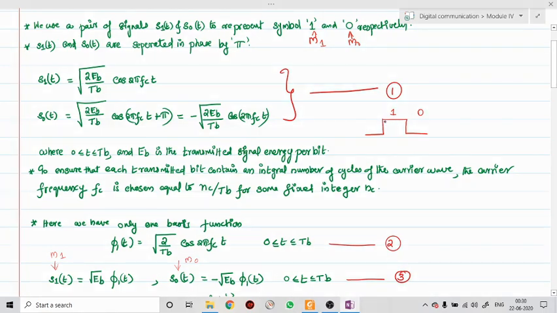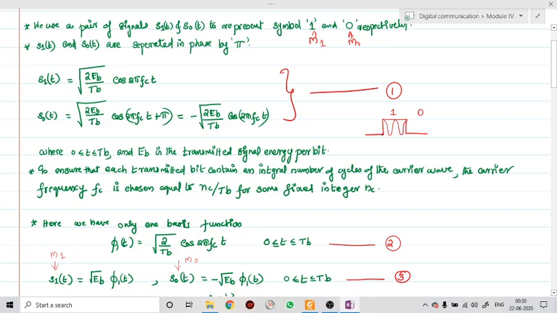Now the point is that when you transmit a cosine signal corresponding to this 1, you should have an integer number of cycles of that signal in this interval. For example, this is a cosine signal, and this is another cosine signal.